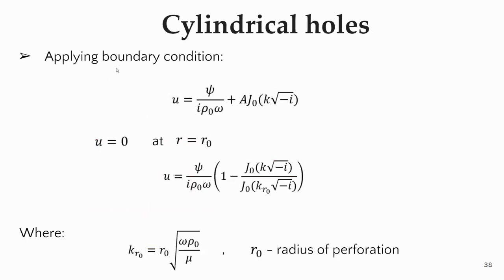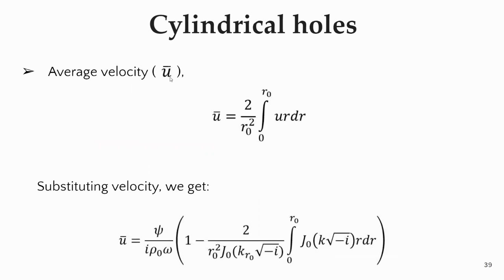For a cylindrical hole, we use the equation we derived up to the previous slide, and the boundary condition is at r equal to r0, at the boundary, u equals 0, which is the no-slip condition. If you substitute that, we get the value for a, where k, the perforation constant, has this value. We have to find the average velocity for the hole.